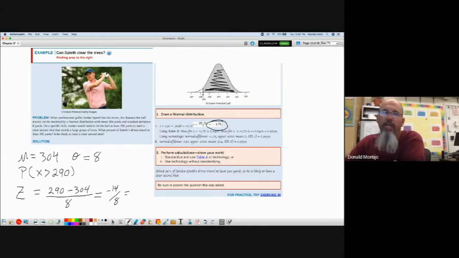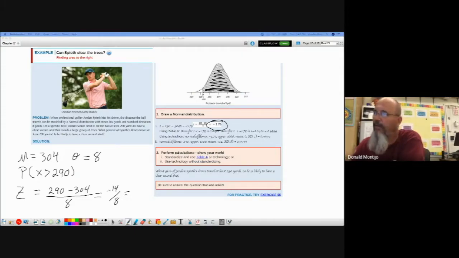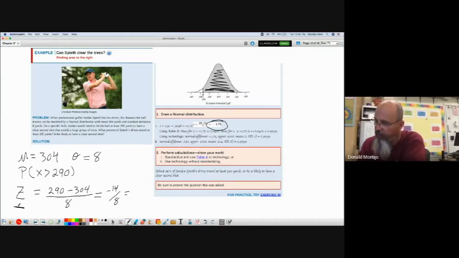Now I know I'm looking for what proportion of all scores are greater than negative 1.75. So what have I really done here? I've converted Jordan's data on this graph to match 0, 1, 2, 3, negative 1, negative 2, negative 3.